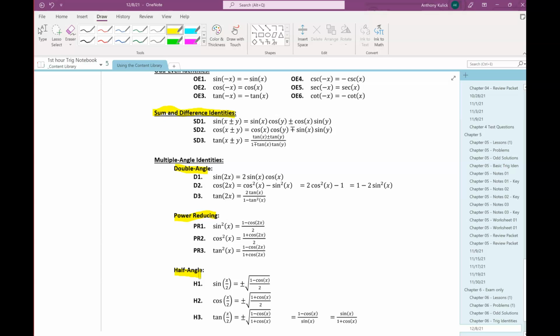So not just any angle, but some angles that we can write as the sum or difference of 2 unit circle angles, or a half of a unit circle angle, or twice a unit circle angle. Some of these we can use these identities for to evaluate.